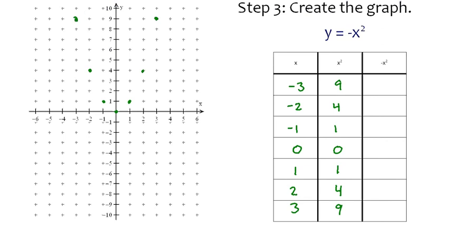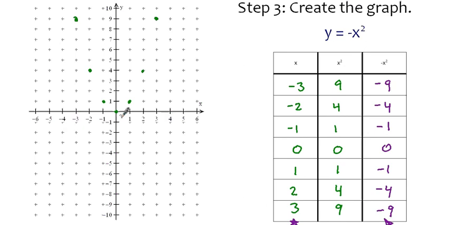Okay, now we can move on to the formula we have, which is the opposite of x squared. Well, looks like we just need the opposite of each of these values right here. Opposite of 1, opposite of 4, opposite of 9. So now, for example, we're looking at the ordered pair 3, negative 9.